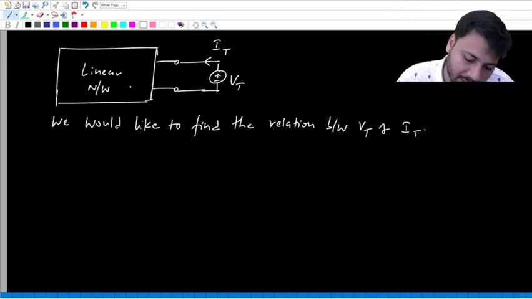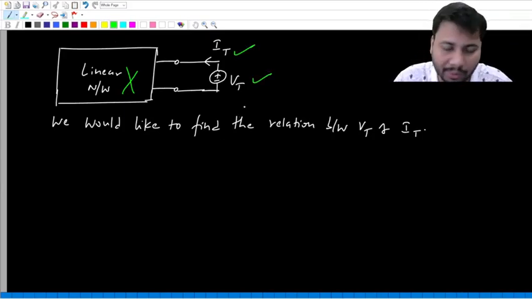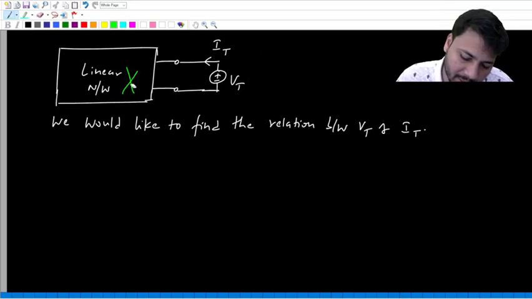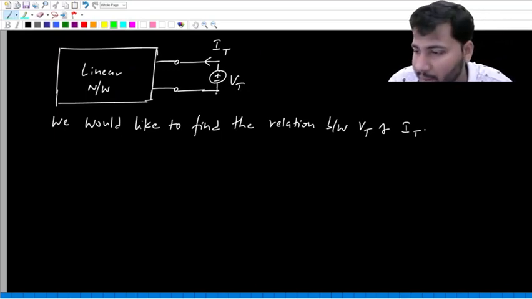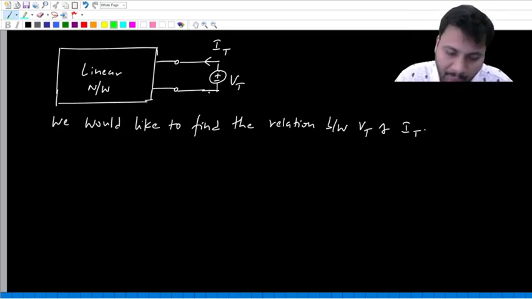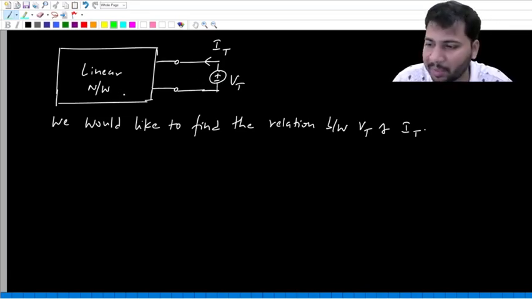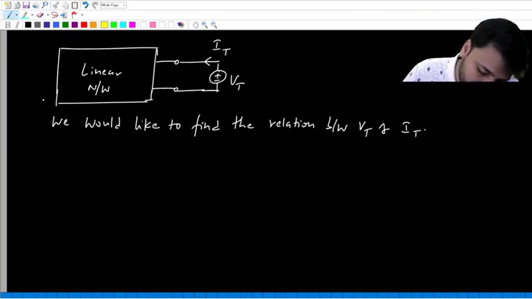That means clearly we are not interested in voltage and currents inside this box, but rather we are interested in voltage and current outside the box. Whenever that is the case, can't you replace this box with its Thevenin equivalent? It won't affect voltage and currents outside the box. It also won't affect the relation between Vt and It. So connecting a voltage source Vt across the original linear network is same as connecting the same voltage source Vt across the Thevenin equivalent of the original network.